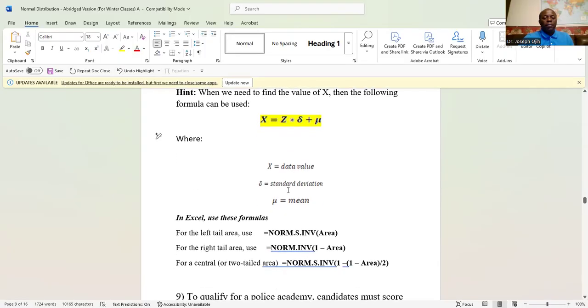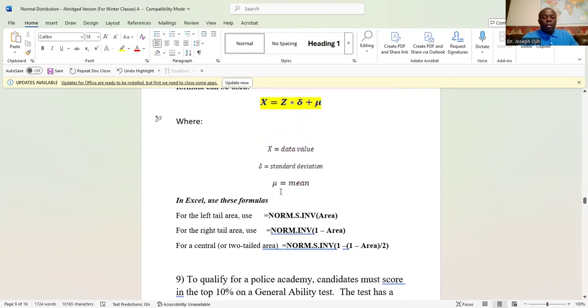X is the data value you're looking for, sigma represents the standard deviation, and mu represents the mean. Before you can use this formula, you need to find Z, either from the table of normal distribution, or for this class, we are using Excel to find it.